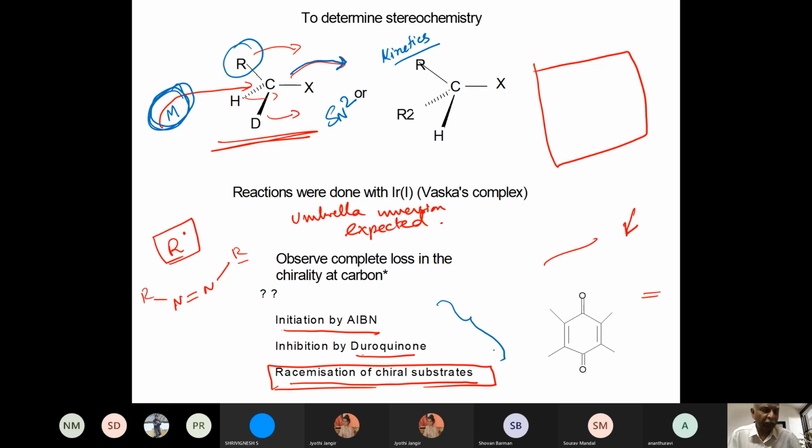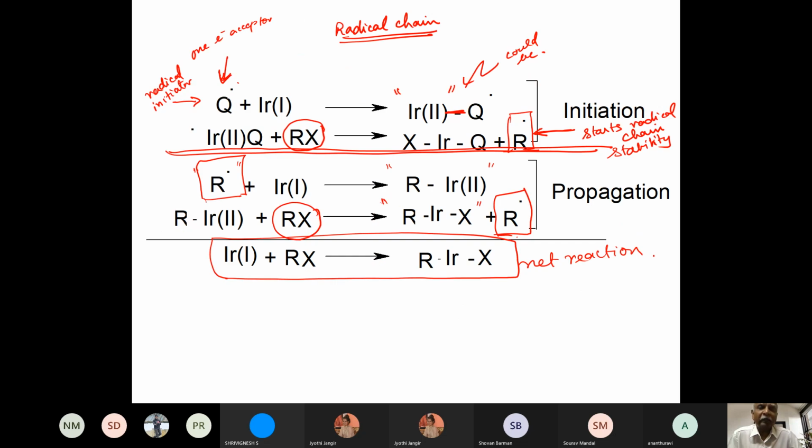There was very clear indication that radicals were involved when you had even a single substituent on the substrate undergoing nucleophilic substitution, I should say, because the metal is undergoing oxidative addition, while the carbon is undergoing a simple substitution reaction. So this chirality problem was solved when they realized that there was a radical chain mechanism involved.